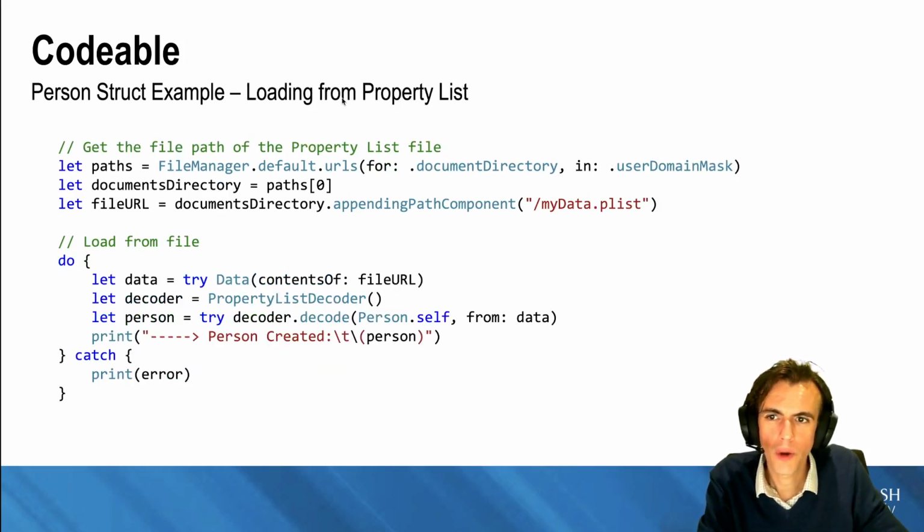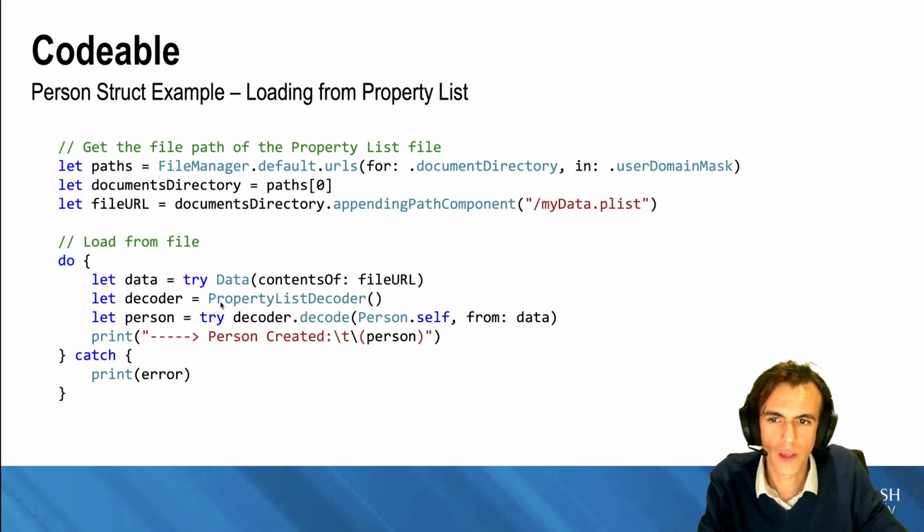How do we load from a property list? It's the same 3 lines to get our URL, and then we create an instance of data, and it has an initializer with a parameter called contents of, where we can specify the URL. Again, this can throw an error, so hence the try keyword. We get back some data.